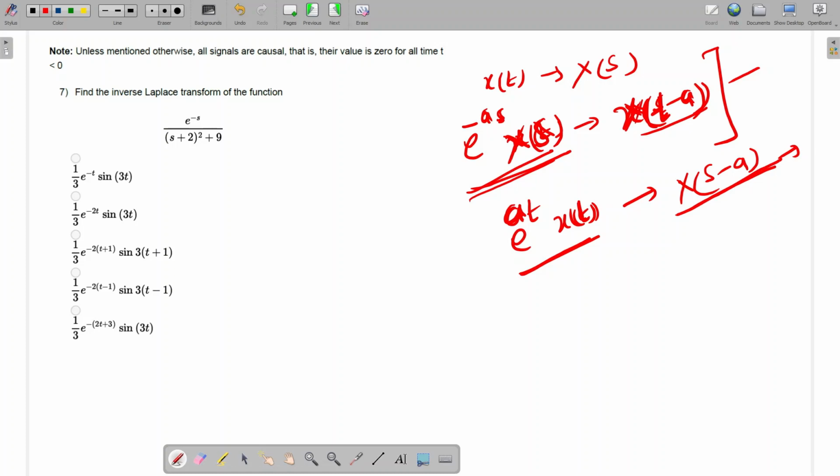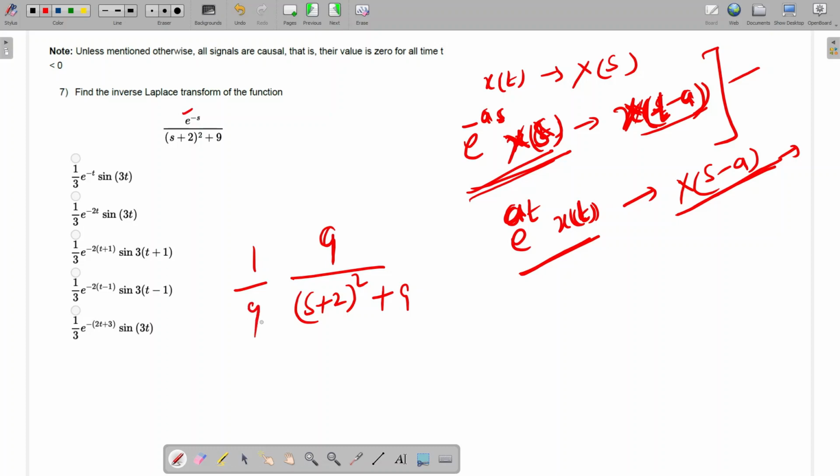Yes, sir. Clear. Okay. So first we'll go one by one. Here I'm neglecting the e to the power minus s first. So I'm going to write 9 divided by s plus 2 whole square plus 9, into 1 by 9. Is it correct?